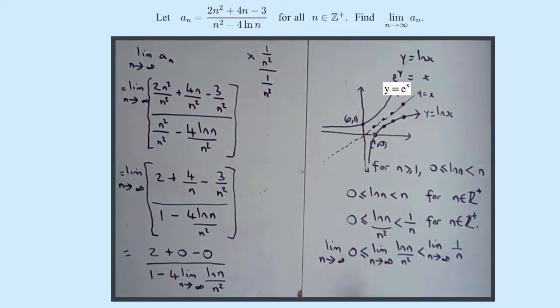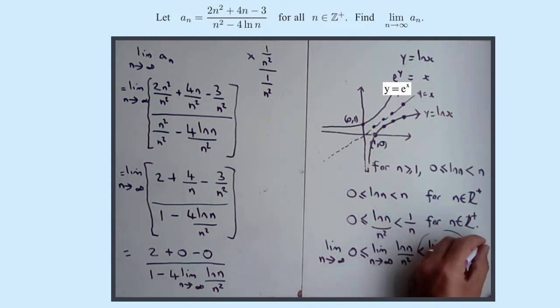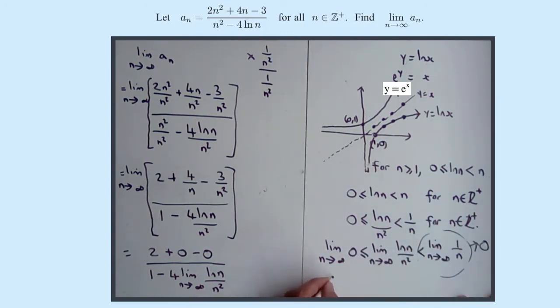Well, we know that the left hand side is definitely 0, the right hand side is 0, we see it all the time. So now we can say this is definitely 0, so the limit as n approaches infinity of ln n over n squared equals 0, and the reason is the squeeze theorem.